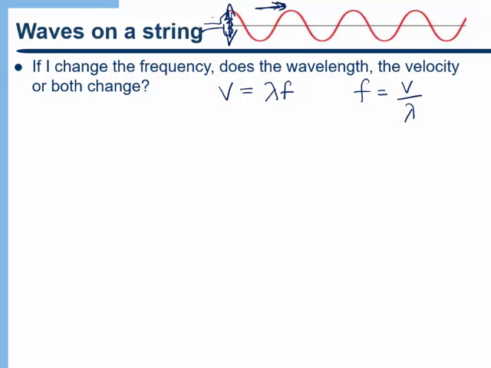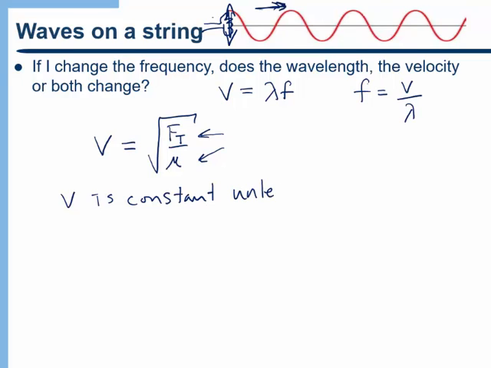In other words, for a wave on a string, v is equal to the square root of the tension divided by the mass per unit length. So if I don't change the tension or the mass per unit length, then v is constant.